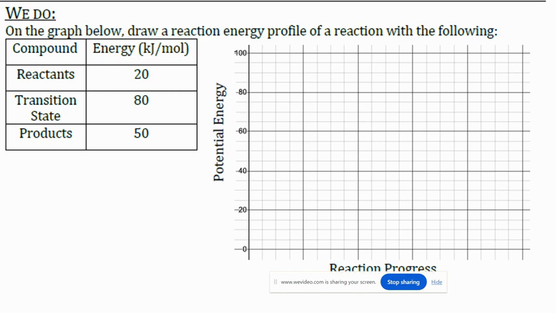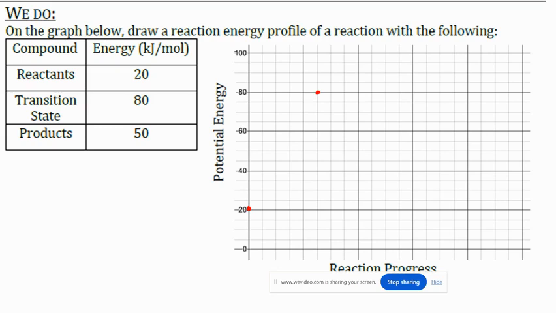So our reactants on here are starting out at 20. And this is how I do these graphs. When I'm doing the graphs, I find where these things are, and I put dots there first before I start drawing stuff. So my reactants are starting out there. My transition state is at 80, so that's going to be up here somewhere.